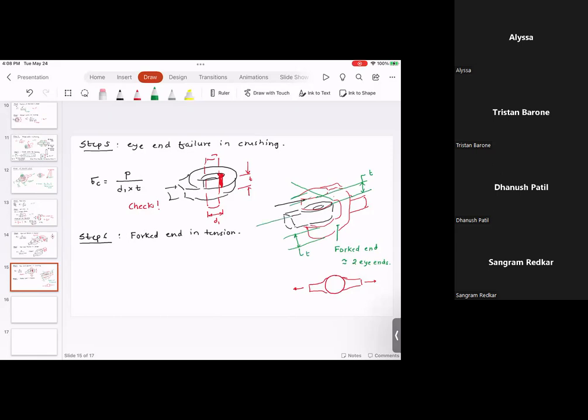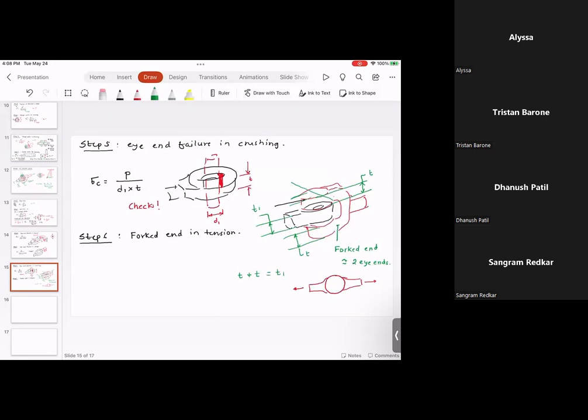And if this thickness is, I'm just going to call T1, then what it means is T plus T should be equal to T1. Which means if you take the thickness of the eye end, divide that by 2, you get the design for the forked end.